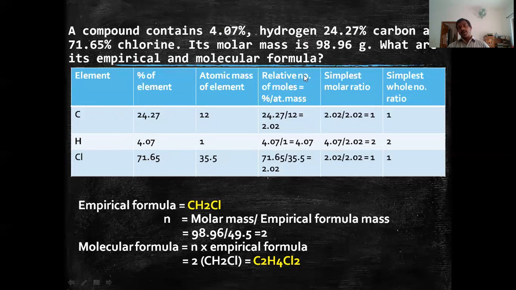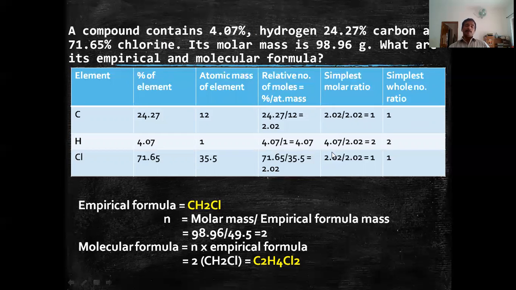Now we have to calculate relative number of moles. Percentage divided by atomic mass, 24.27 divided by 12, 2.02. 4.07 divided by 1, 4.07. 71.65 divided by 35.5, we can approximate, 2.02.